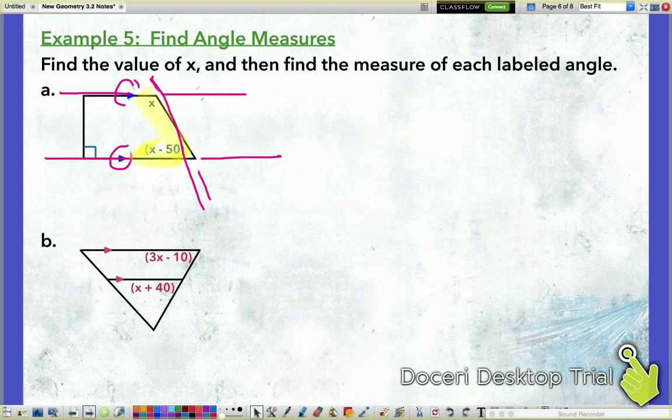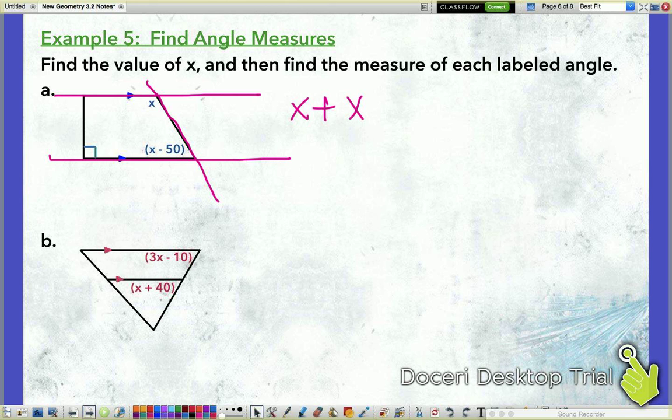Okay? So extending those lines helps a lot to see what's going on. So let's just make that nice again. Right, so those two are consecutive interior angles, and according to postulate 3.1, they add up to 180 degrees. So that's exactly what I'm going to do.